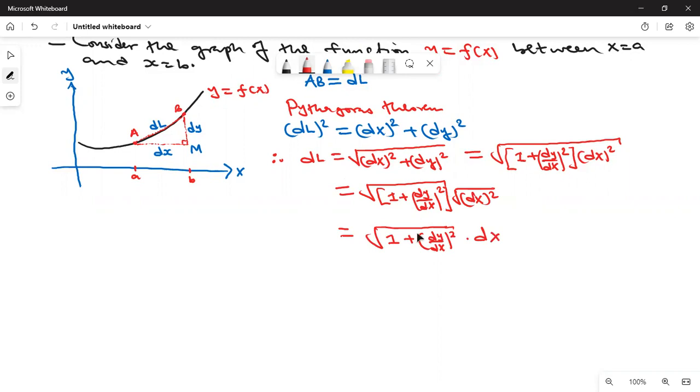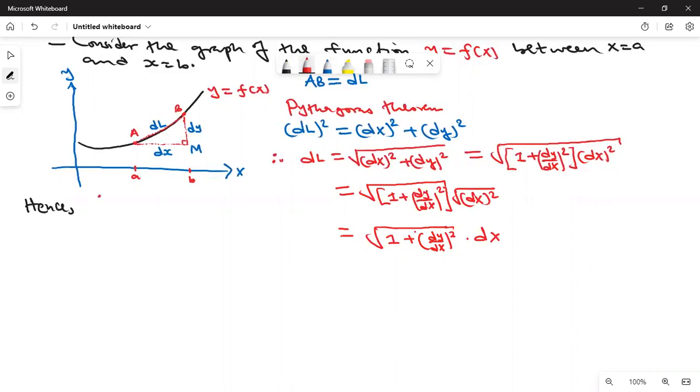So now, remember, dl is a very small change in that length. Dx is the small change in x, and dy is the small change in y. So if I want to find L, you now integrate both sides from x equals a to x equals b.